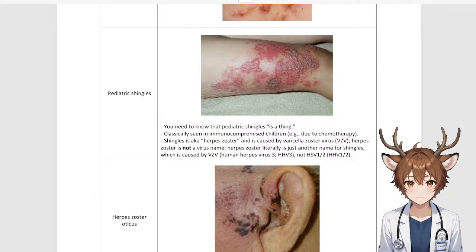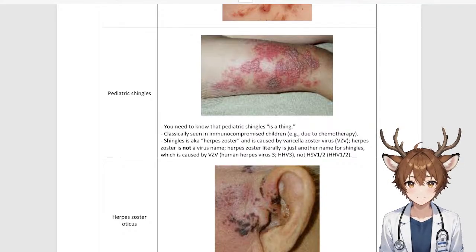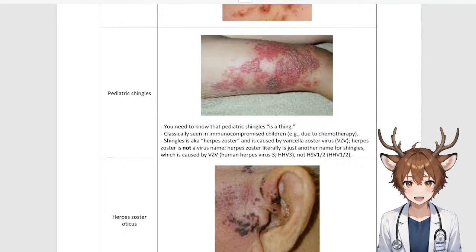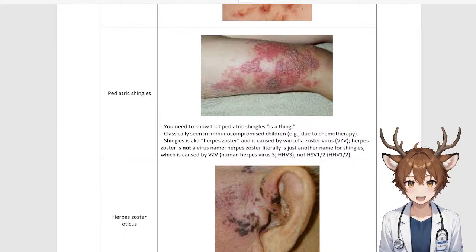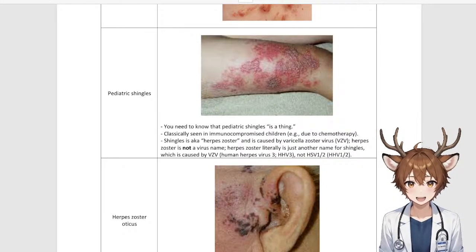Pediatric shingles, right there. You need to know that pediatric shingles is a thing. Classically seen in immunocompromised children, that is to say, due to chemotherapy. Shingles, aka herpes zoster, is caused by varicella zoster virus, VZV. Herpes zoster is not a virus name.